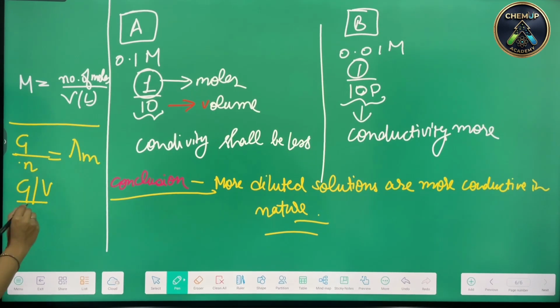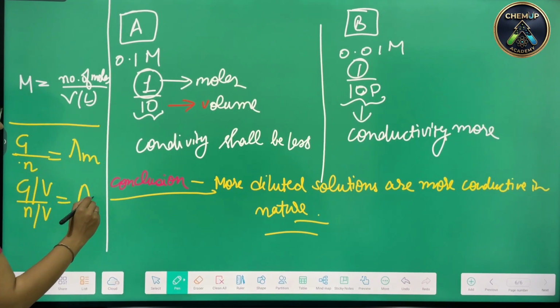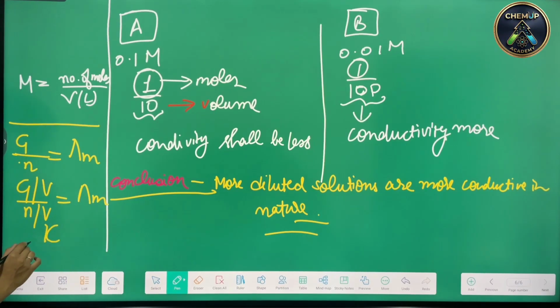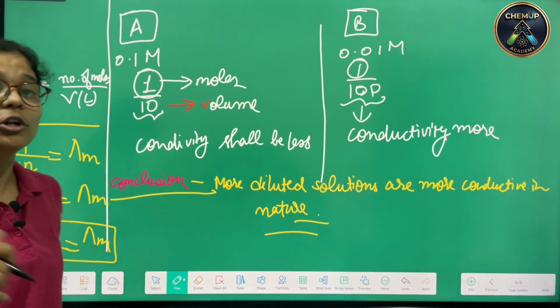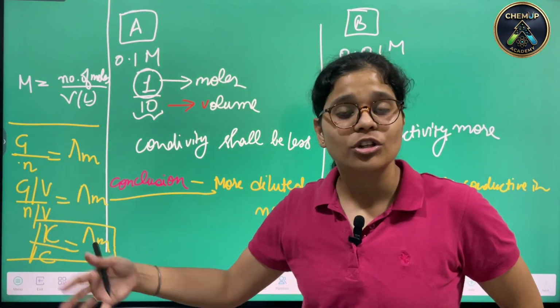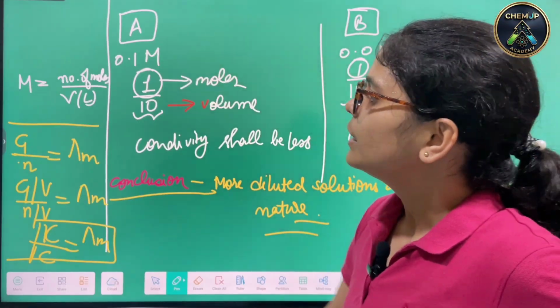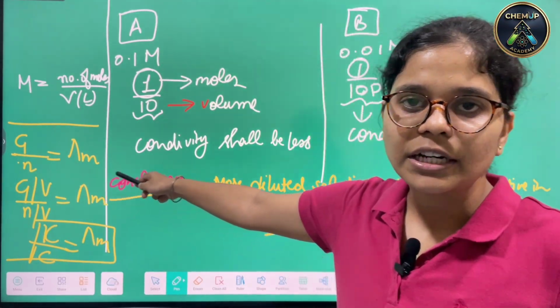G by V upon N by V is equal to your molar conductivity. Now G by V becomes your kappa and N by V becomes your concentration, and hence we have derived a formula for molar conductivity as well without actually remembering the things.